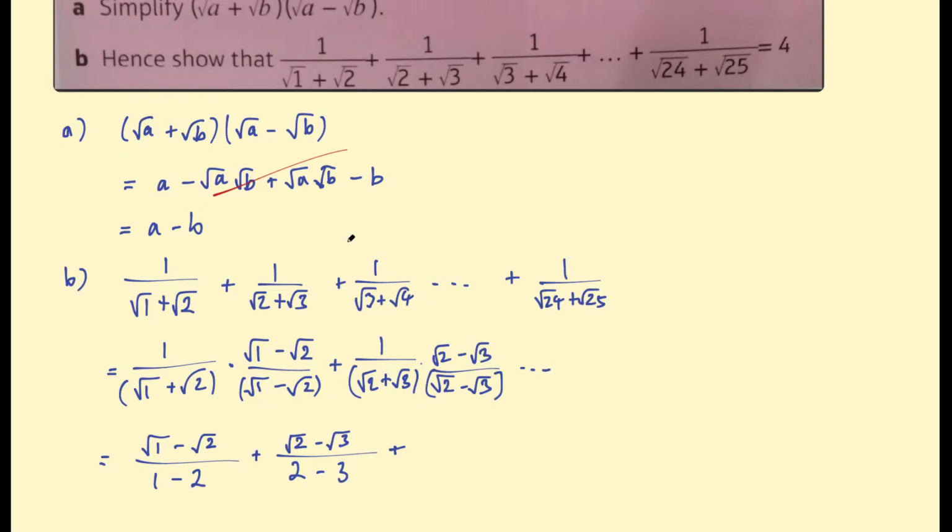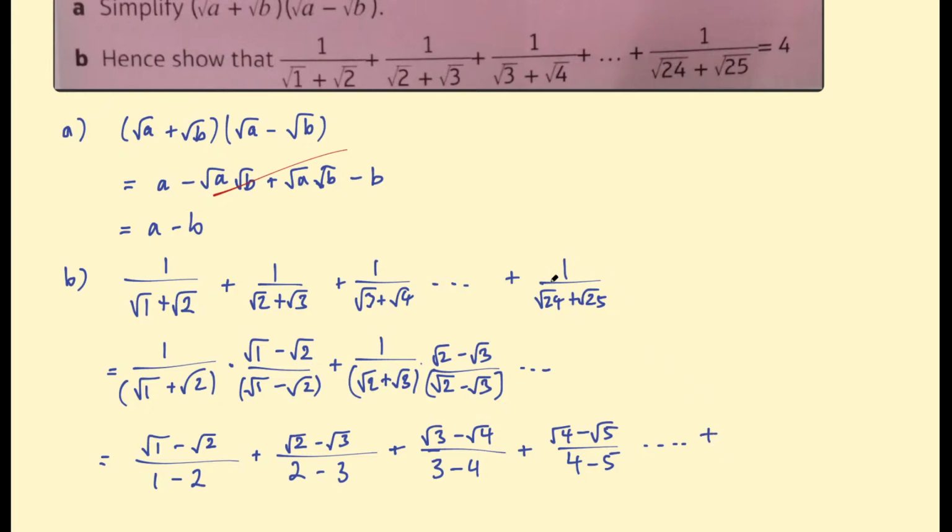Okay, I'm just going to go ahead and do it. So this third term here, well, that's going to be the square root of 3 take the square root of 4 all over 3 take 4. What would the fourth term be? That would be the square root of 4 take the square root of 5 over 4 take 5, and so on all the way up to the last term.